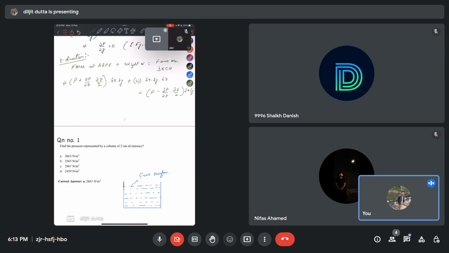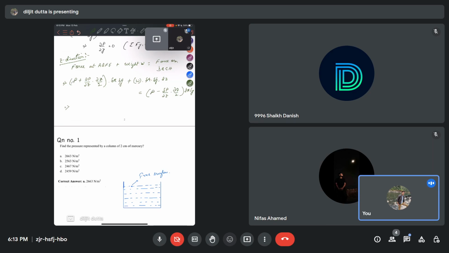So if we equate these forces, del X del Y del Z will be cancelled from all three terms, and we'll have P del X del Y, P del X del Y will be cancelled from both sides.